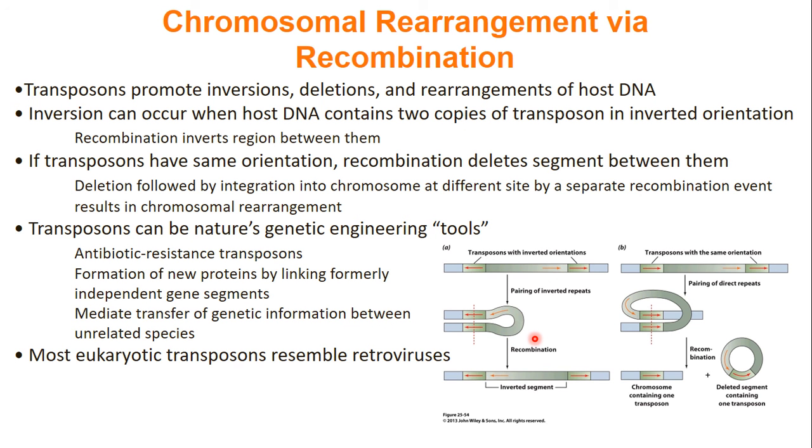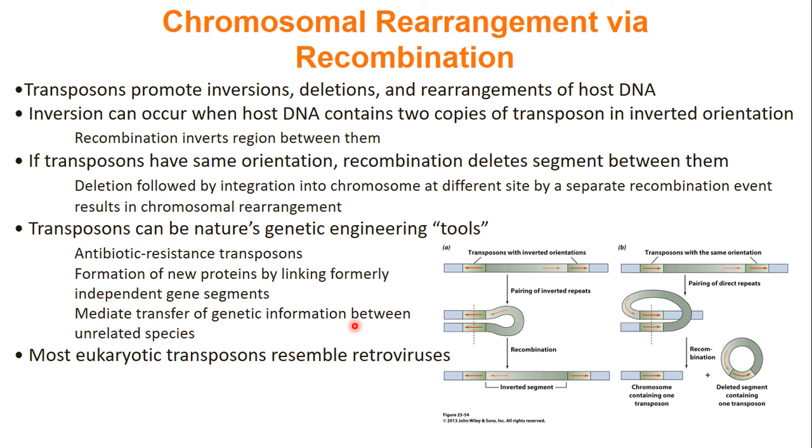Antibacterial resistance is usually carried through transposons. You can make new proteins by linking different proteins together through transposable elements. You can have genetic information be transferred through different bacterial species by these transposable elements as well.